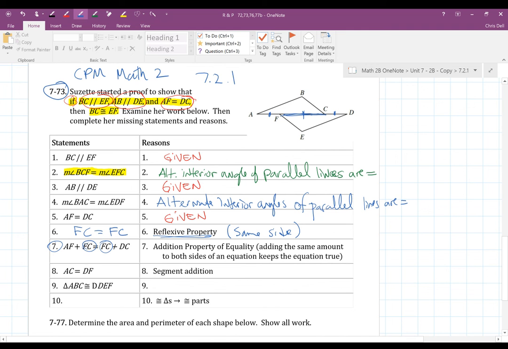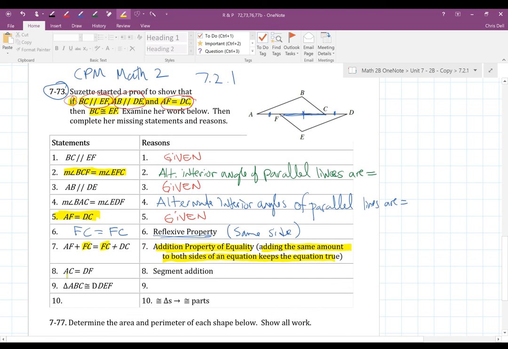So then what happens once we did that? Then they can build this statement: if those are equal, I can take AF plus FC, which is equal to FC plus DC. You're adding to both sides of the equation. The reason is the addition property of equality: adding the same amount to both sides of the equation keeps the equation true. We're adding FC to both sides, and it's okay by the addition property of equality.